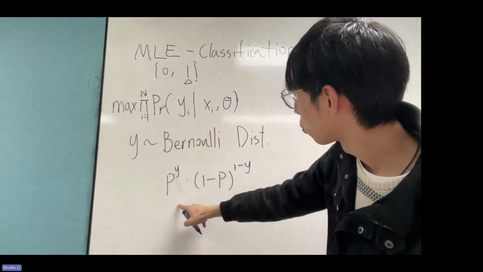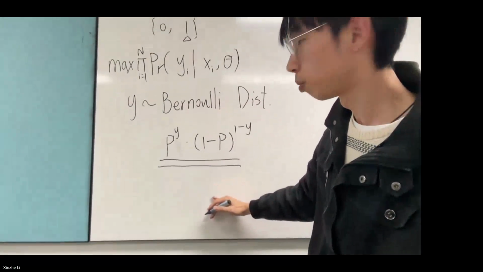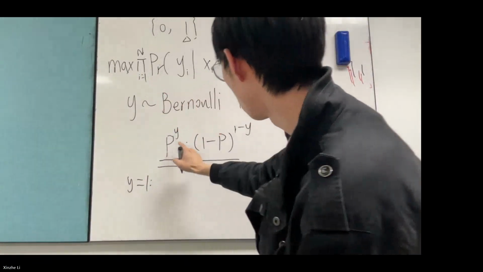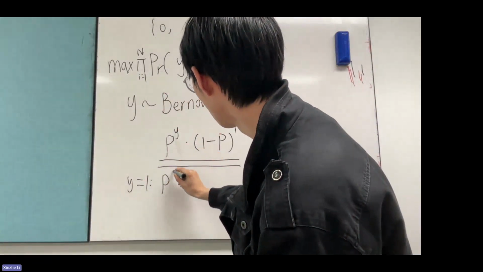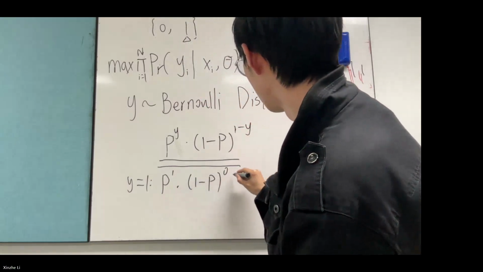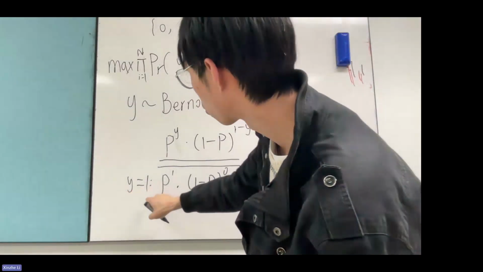Why does this function make sense? Think about it in this way. If you have y equal to 1, what's the value of this? The value would be p to the 1 times 1 minus p to the 0, which is equal to p, right? This is the definition of p, the probability of y equal to 1.